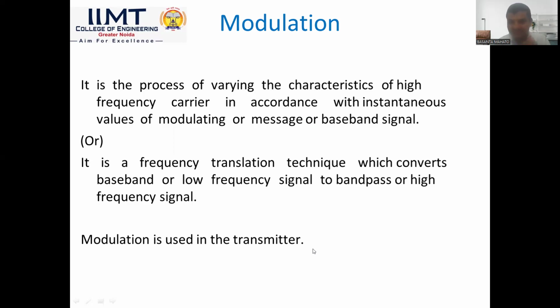To protect the signal, because our message signal is low frequency and low amplitude, so it can't travel a longer distance. To make it travel far and keep it safe, we need to protect the signal by covering it with a high frequency carrier.